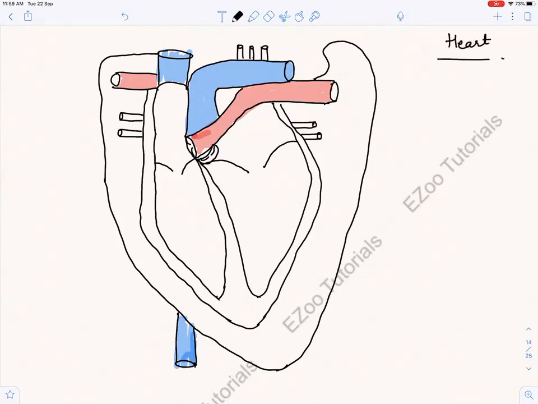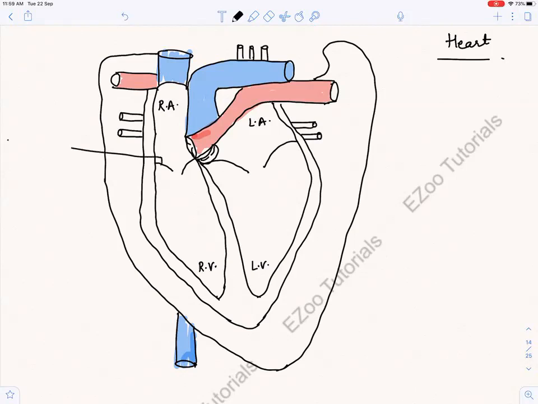First let us see the chambers. This is the right atrium, and this is the left atrium. This is the right ventricle, and this is the left ventricle. Now let us see about these valves. What are these valves called?